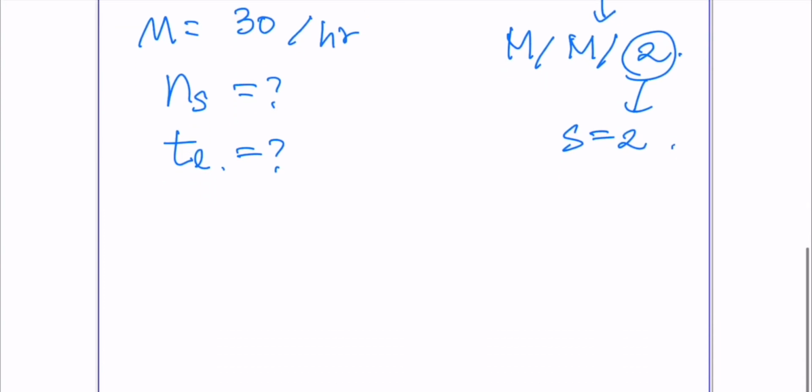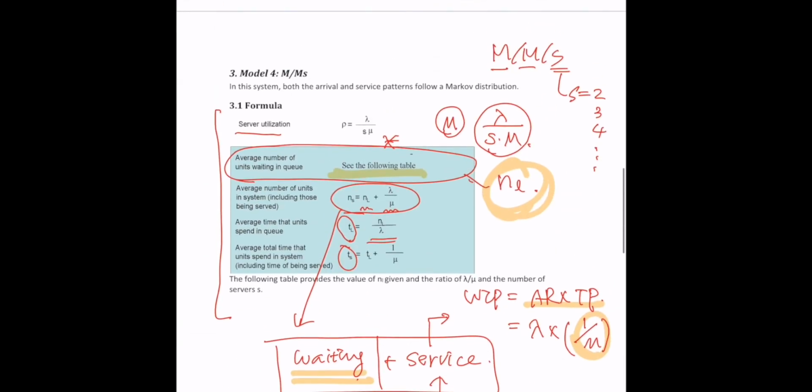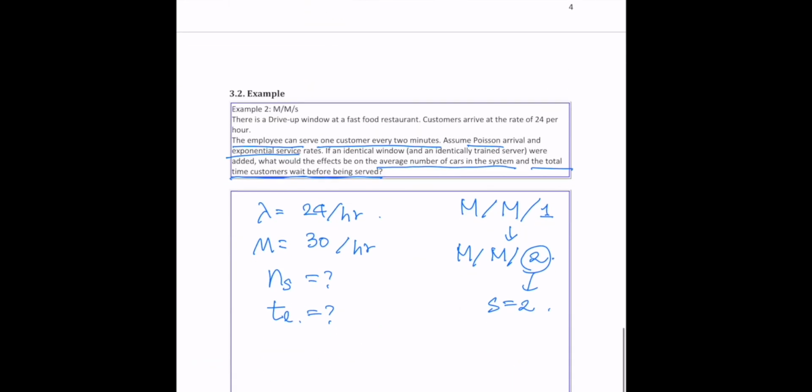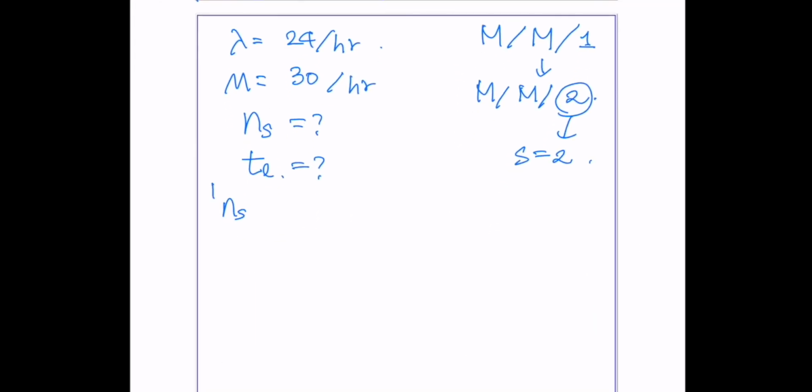So to get NS, if you look at the formula here, first what you have to get is NL, and then you need lambda over mu. Again, using Little's law, you can easily figure out this is the number of customers in service. So if I rewrite one more time here, NS equals NL, number of customers in the waiting line, plus number of customers being served.